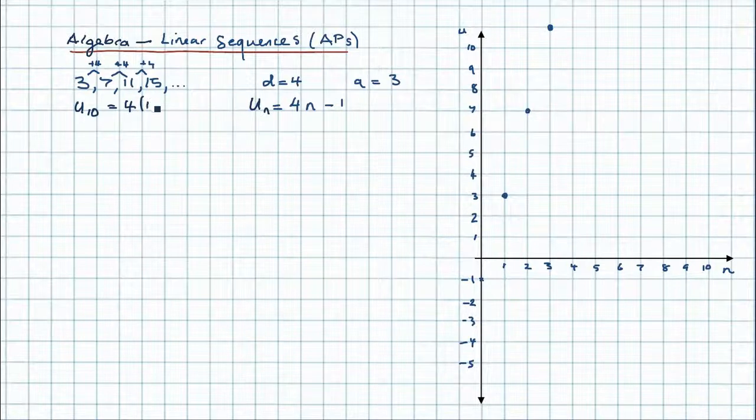So 4 times 10, subtract 1. And that equals 4 times 10 is 40, minus 1 equals 39. So the function tells us, if we plug in our values, that the 10th term, or any term we can calculate, but in this case the 10th term must be 39, and that looks about plausible.